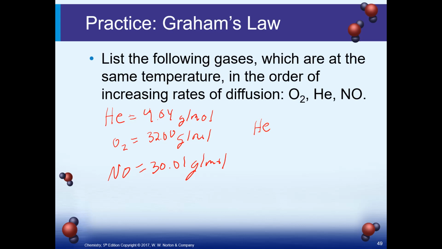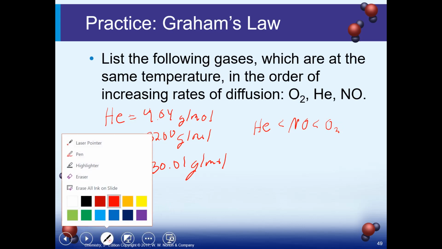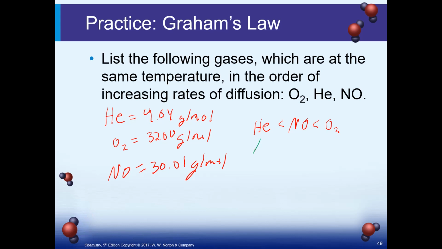And then NO and O2 are pretty close in molar mass, but NO is slightly less. And then O2 is going to diffuse the slowest. So helium is the fastest, O2 is the slowest.